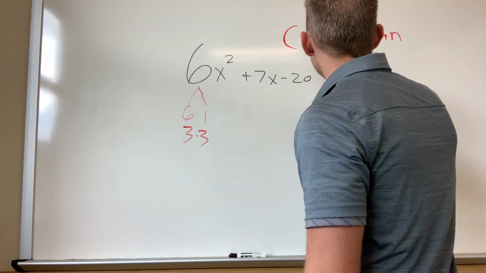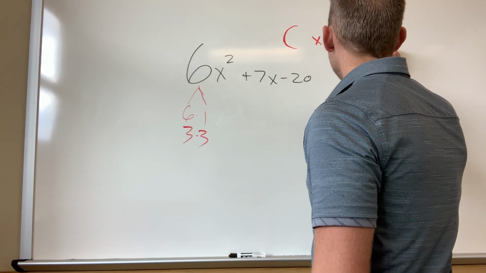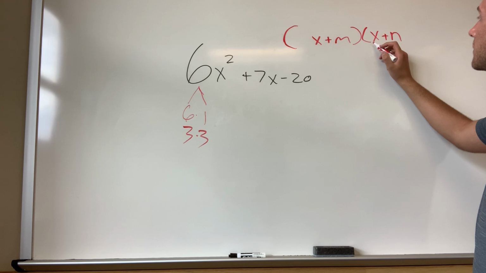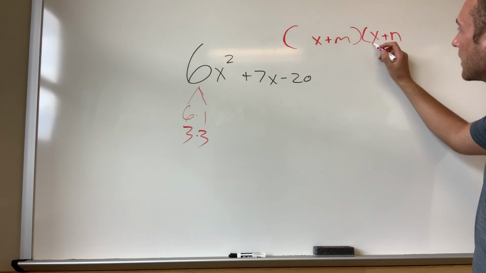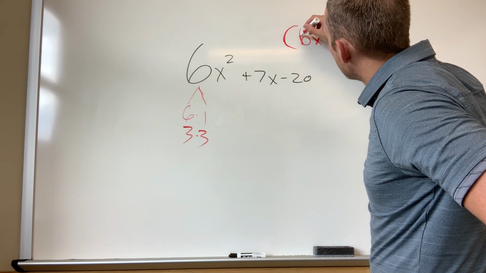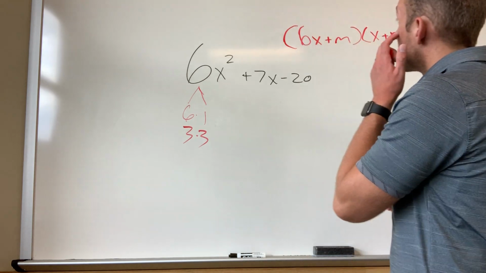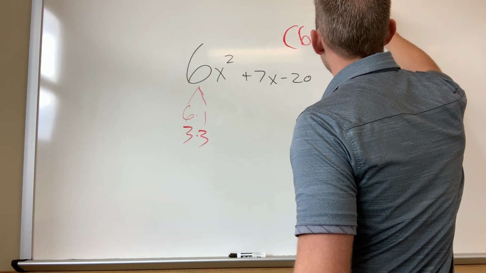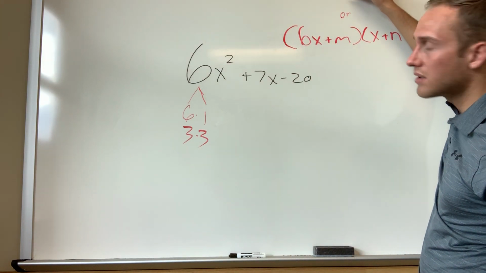So in the first one, 1 would go in front of x right here as the coefficient, and 6 would go as the coefficient right here. So that means the next one, and can you see up here? Not really, okay.